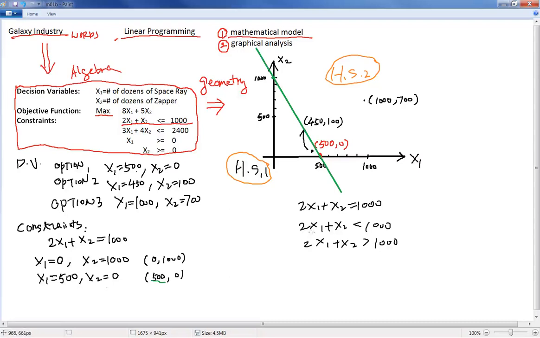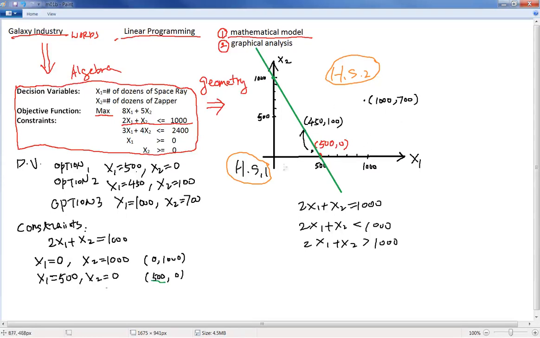The easiest way is to pick any random point from one of the half spaces and see which of the two inequalities that point will satisfy.